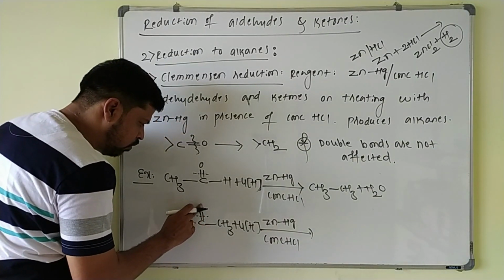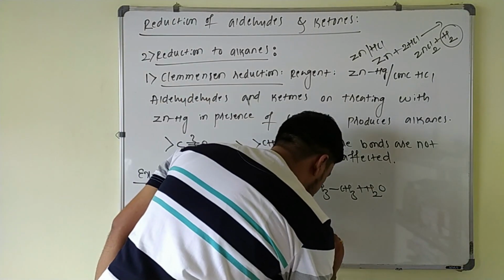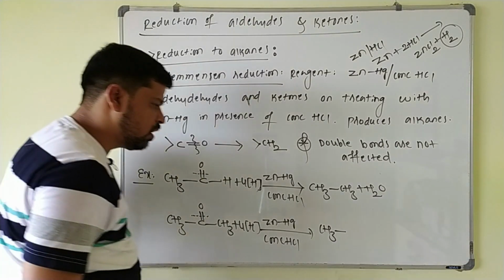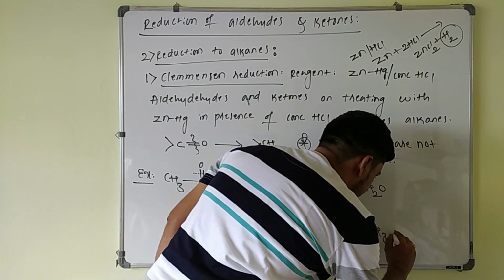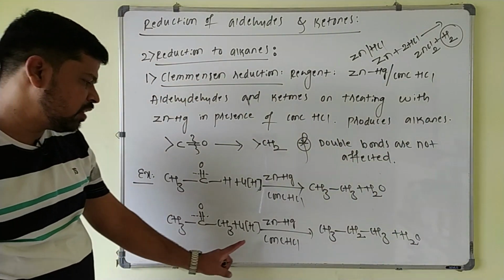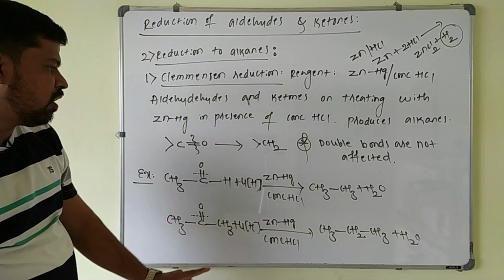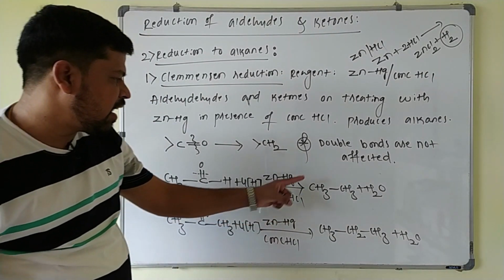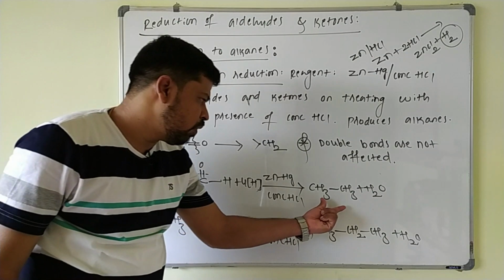Just you remove this carbonyl oxygen. What you will get? CH3, this carbonyl group is converted to CH2, CH3 plus what you will get? Water molecule. This oxygen combined with 2 hydrogens. So that these aldehydes and ketones on treating with zinc amalgam in presence of concentrated HCl, directly they are reduced to corresponding alkanes. 2 carbon alkane.